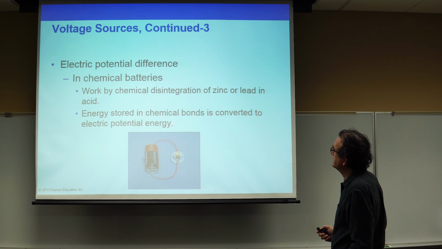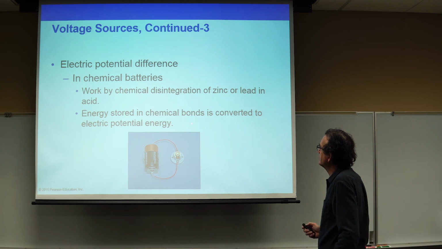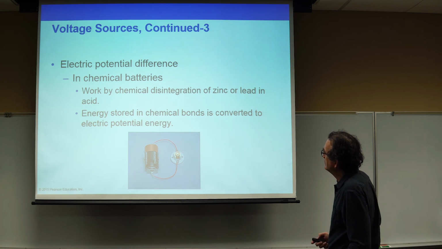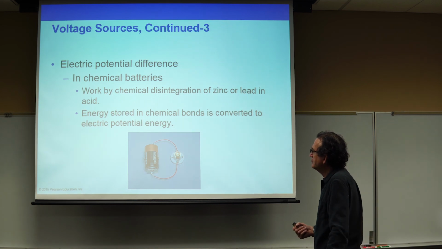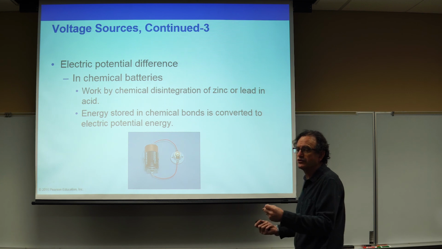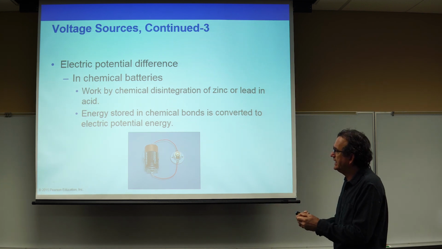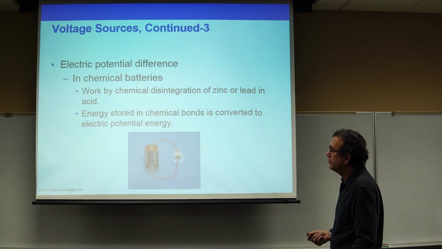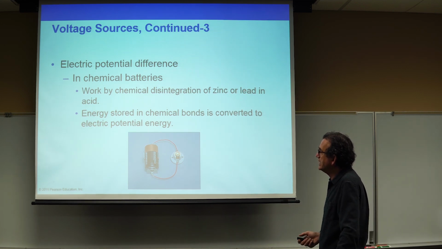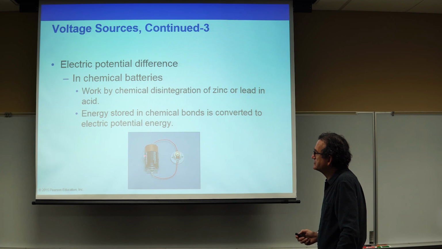And in this way, energy that is stored in the chemical bonds is then converted to what we call electric potential energy. Now, the batteries work in that they don't give us a fixed amount of charge, but they only generate a separation of charges as is needed by the circuit. So the more current that the circuit requires, then the harder the battery has to work to be able to generate that much current.